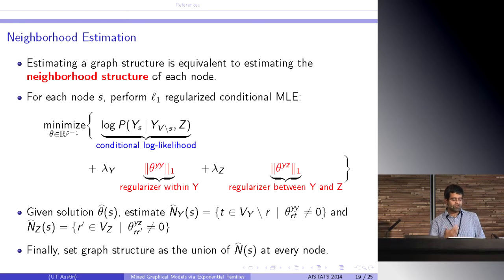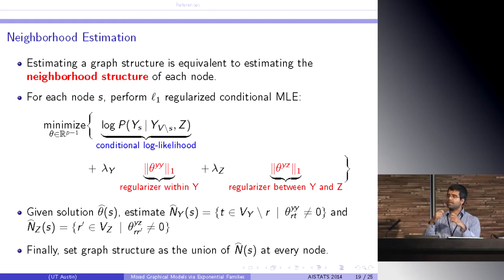And so how do we estimate such a mixed graphical model? Following a line of work in recent years, what we do is just node neighborhood estimation. Instead of recovering the entire graph structure, I focus on a local problem, which is for each node, recover just its neighborhood. And if I recover the neighborhood of each and every node, I recover the entire graph. So that's all I need to do.